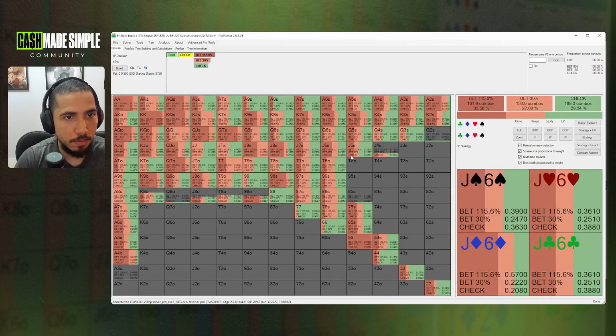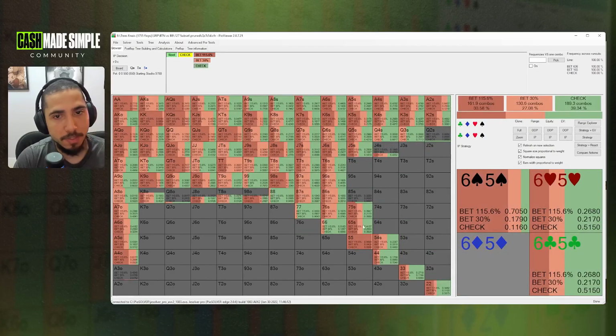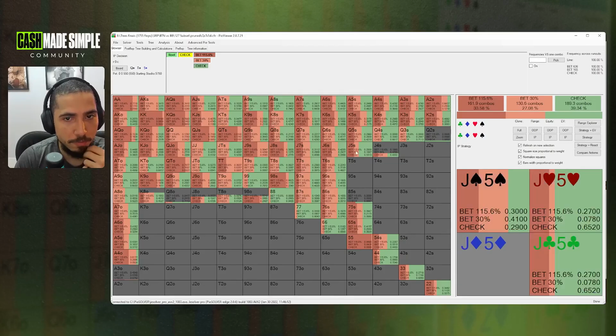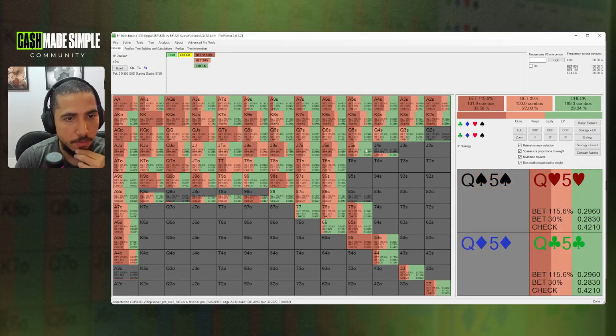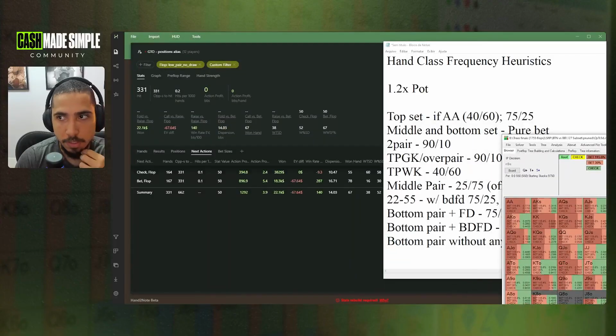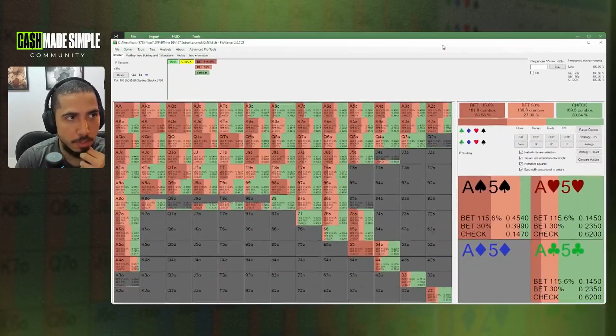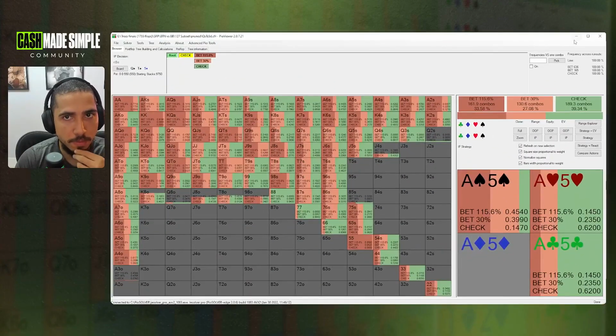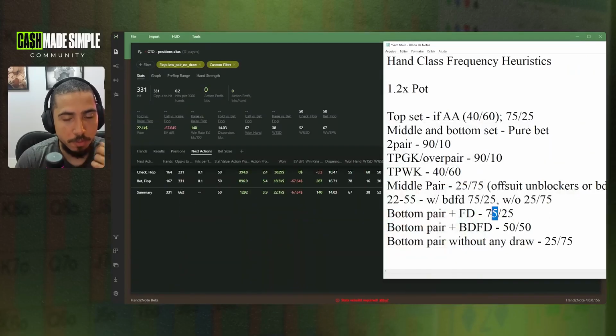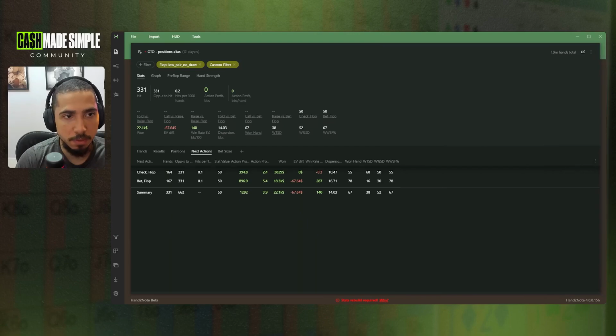We saw that 6-5 with the flush draw bets way more often than 5x without the flush draw, right? So I think making a distinction is real nice, is going to make your strategy very, very precise. Okay, so with the flush draw, 75-25, with the backdoor flush draw, 50-50, with a bottom pair without any draw, 25-75, I think is really good.